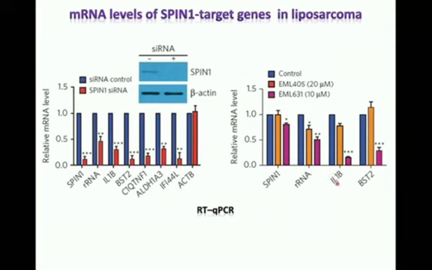So our aim now is, in a liposarcoma, normally interleukin-1 as a target gene for SPIN1 is highly active compared to the control. But if you use either of these inhibitors, especially EML631, you will decrease the expression of this interleukin-1 beta, which is very upregulated in liposarcoma.